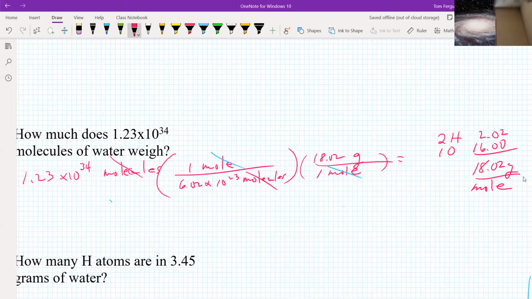So we have 3 sig figs, 3 sig figs, 4 sig figs. Our answer is going to have how many? 3.